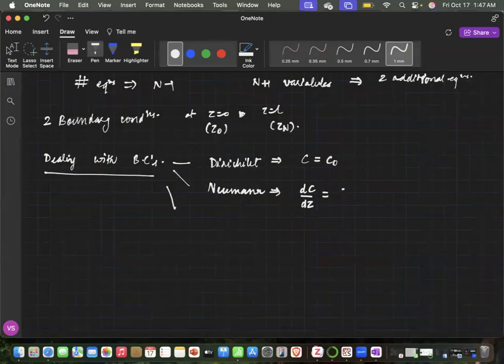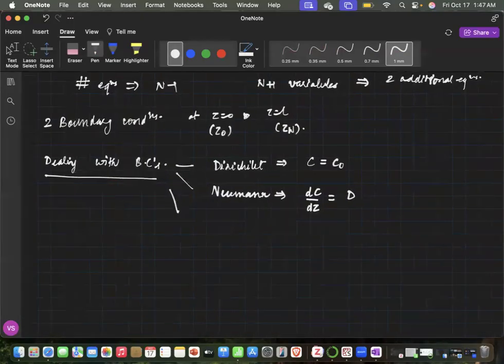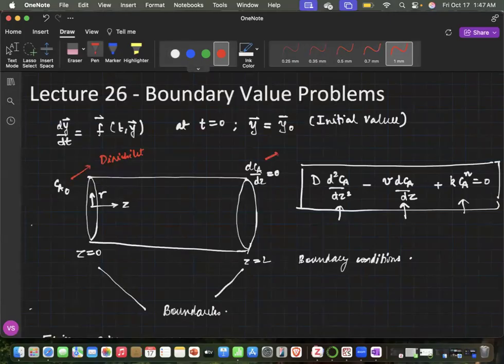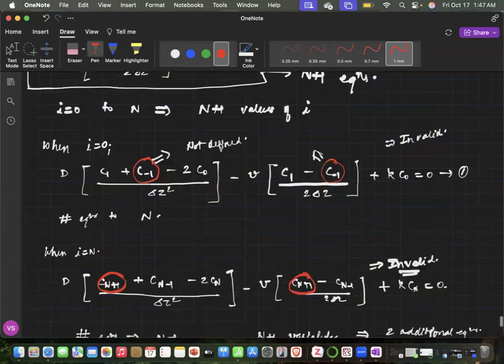Let's say it's some value, so the derivative is known. For example, in our problem, this side is a Neumann boundary condition. The derivative is 0, so this is specified.